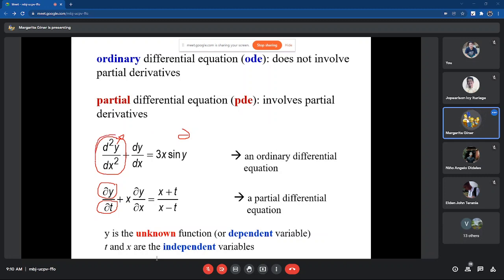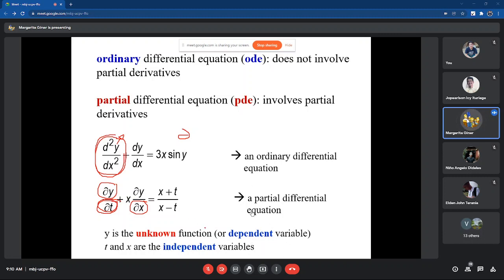Here the symbol is a derivative, y is the unknown function or dependent variable, and t and x are the independent variables. Notice there are two, with respect to t and with respect to x. If you see a derivative symbol but you have two independent variables, even though the symbol is a derivative, that is considered a partial differential equation.